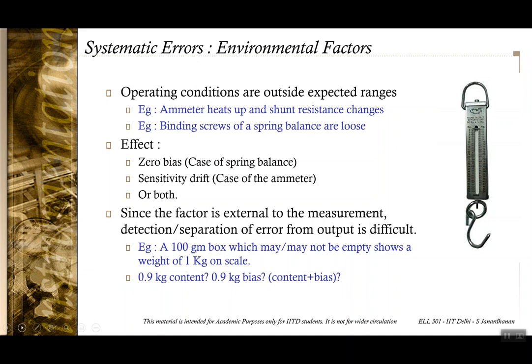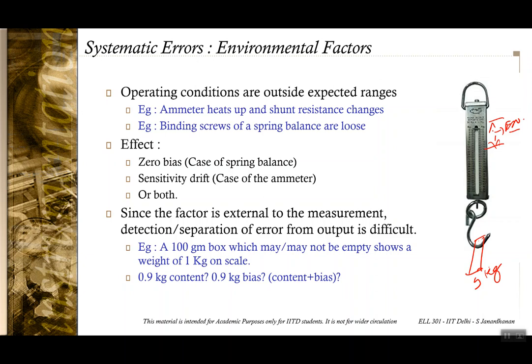You can't separate out the measurement from the error unless you calibrate it against a standard. So if I know that I have a weight that is exactly 5 kg, then I can put it on the spring balance, see the reading, and say what is the systematic error here. Okay, or else in general it is difficult.